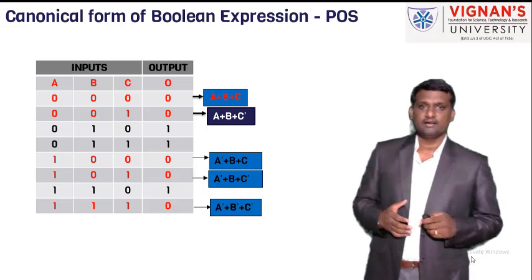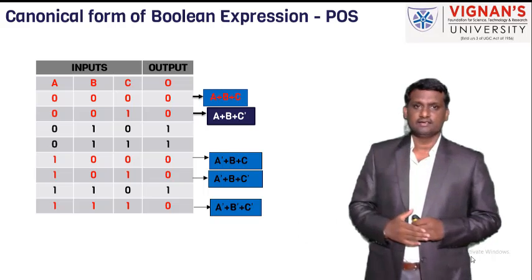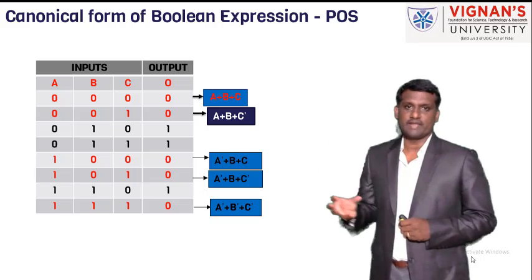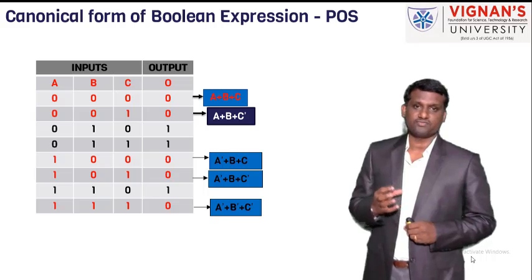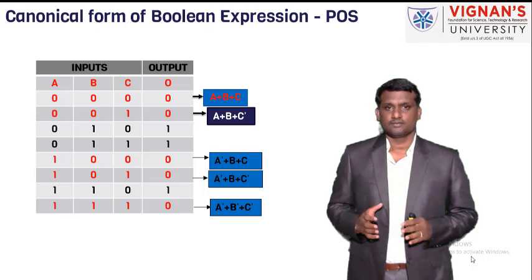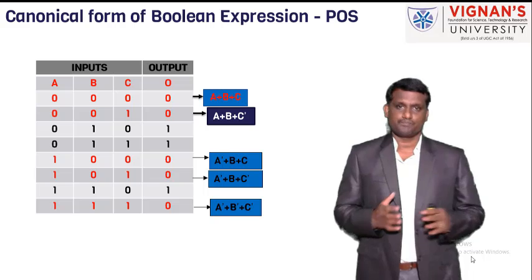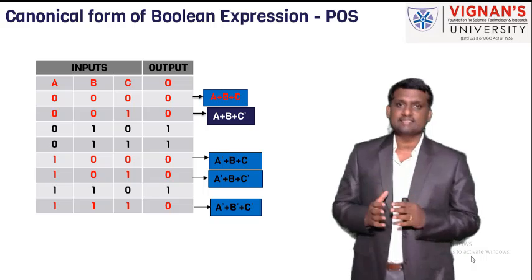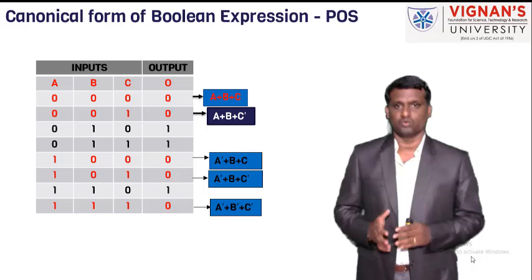So if you observe, in these 5 combinations the outputs are 0. That's why we considered those combinations for formation of the product of sum terms. We should remember, from the truth table, if you want to form product of sum terms, we should consider where the output is 0.